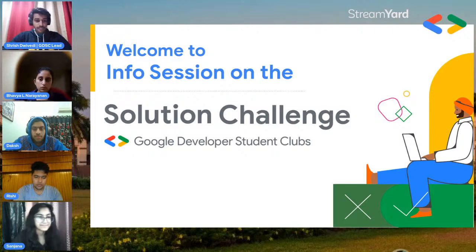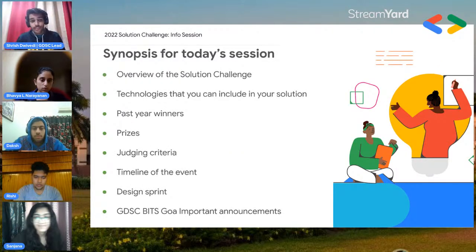Moving on to the solution challenge for which we are here today. Let's get a synopsis of what today's session is all about. First, we'll give you the overview of the solution challenge, then the technologies that you can use for building this, then the past year winners, so that you can take inspiration from those and build your own solutions for this year, then the prizes, then the judging criteria on which your solution will be based, then the timeline which you have to follow.